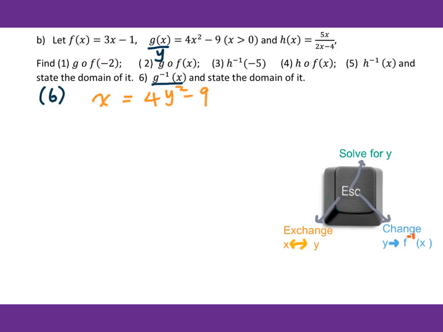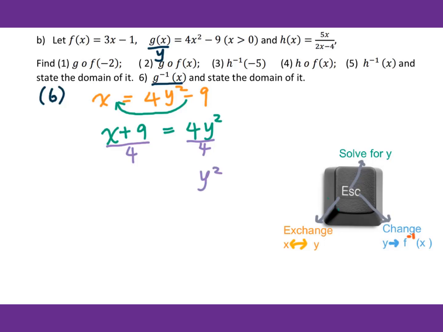Then you solve for y. Therefore, isolate the y squared on one side because this is a power pattern equation. Add 9 both sides. X plus 9 equals 4y squared. Then we divide by 4 both sides.